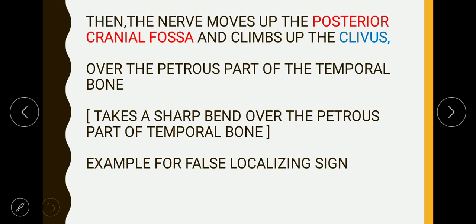Now let us see more about the course of the abducens nerve. After it emerges out of the pontomedullary junction, it passes through the posterior cranial fossa and climbs up the clivus over the petrous part of the temporal bone.